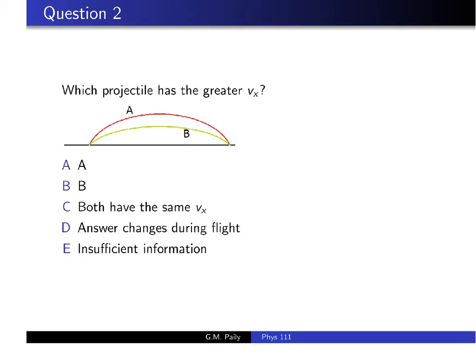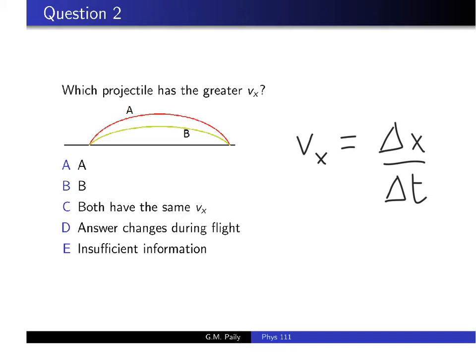Consider this. Vx is equal to the change in x over the change in t. The change in x is the same for both of them. So, the projectile with the greater Vx must have the smaller delta t. Right? Because a smaller delta t here in the denominator will give us a greater Vx overall.